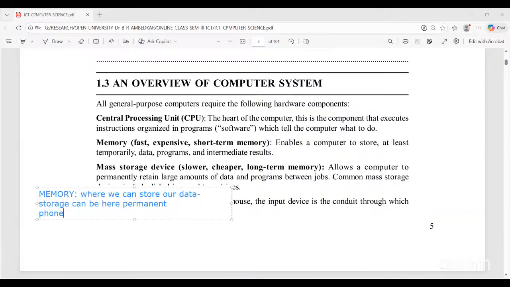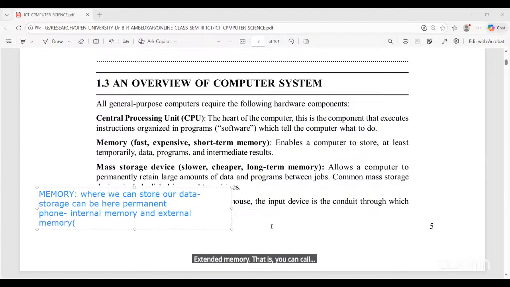In your phone, if you take, there is internal memory and external memory. External memory, you can call your SIM card, an external memory. Example, the SIM card and your USB pen drives are external memories.